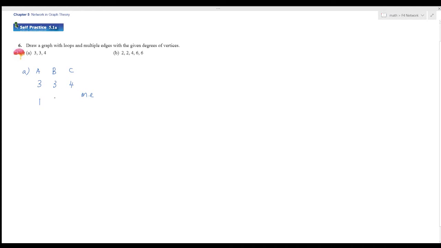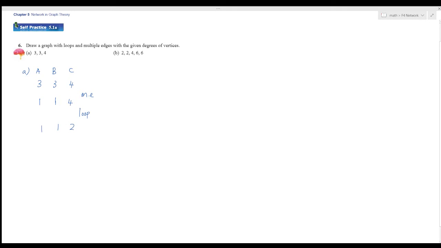And the degree of B will be minus by 2 also. And the degree of C remain. Now we take out the loops. The loops will be at vertex C. The degree of vertex C will be minus by 2. Degree of A and B remain.